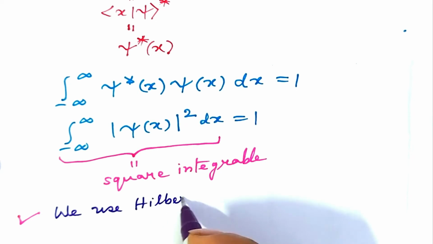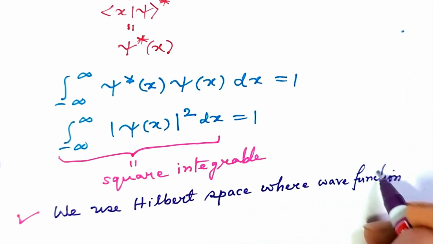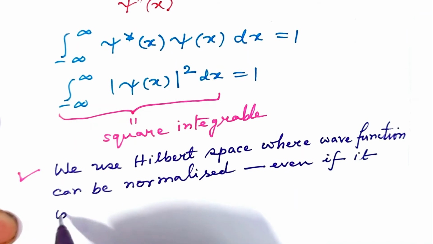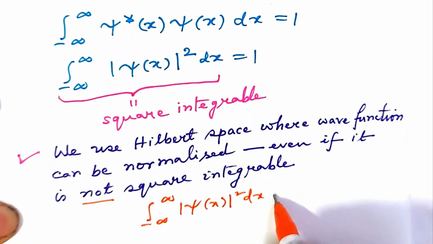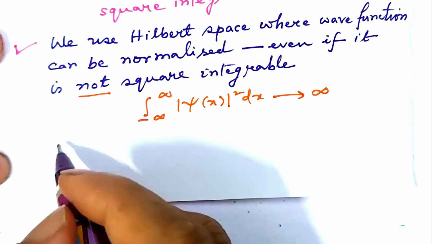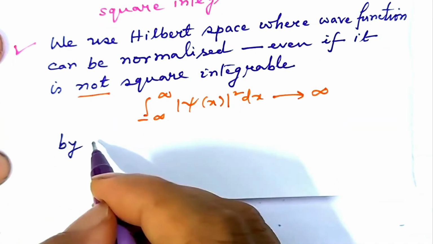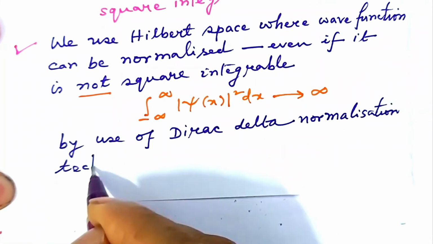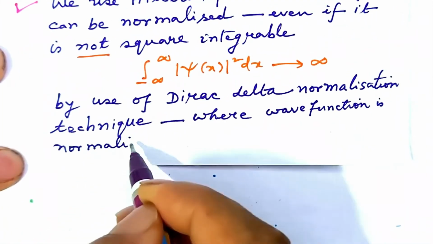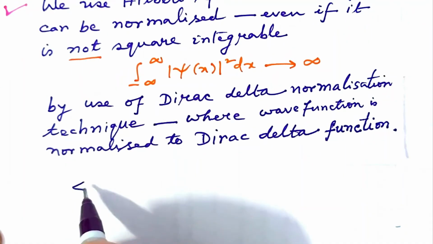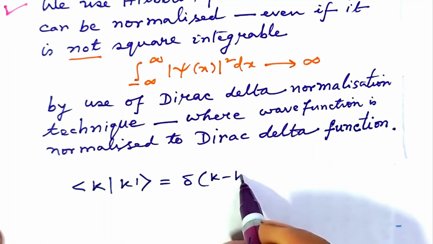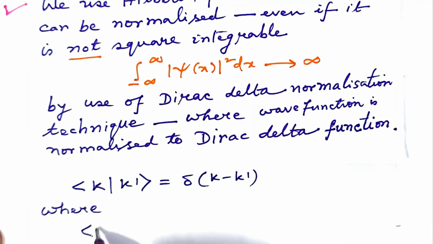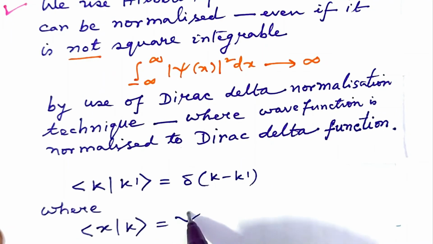Let us mention that we also use a Hilbert space where the wave function can be normalized even if it is not square integrable, that is, even if the integration shoots to infinity. Things are not allowed to go out of hand, really, by use of the Dirac delta normalization technique, where the wave function is normalized to the Dirac delta function by putting bra k ket k prime equal to Dirac delta k minus k prime, where bra x ket k is defined as the wave function psi k of x corresponding to k.